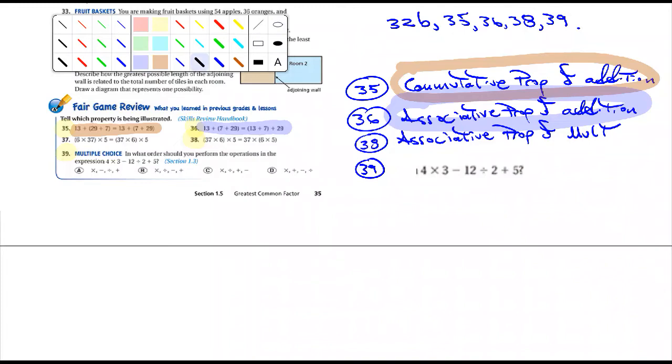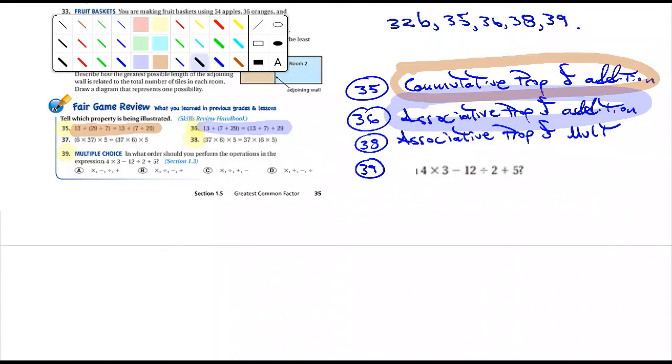You can look and see what they've done here, 7 plus 29 in parentheses, and then 13 plus, versus 13 plus 7, and then plus 29. It's addition, I'm having a hard time reading that. So with the associative property, you can change the grouping symbols, and again, it's not going to change the value of what you're doing. 37, you could skip.